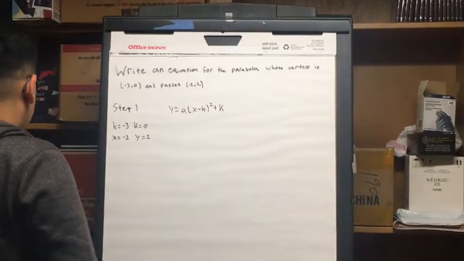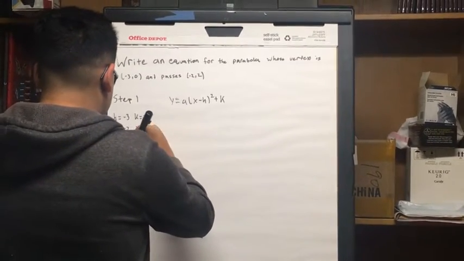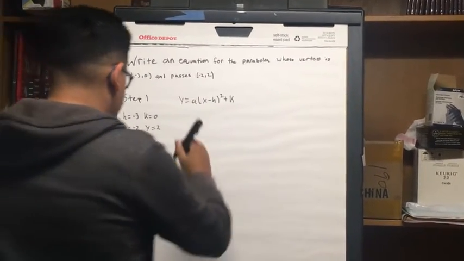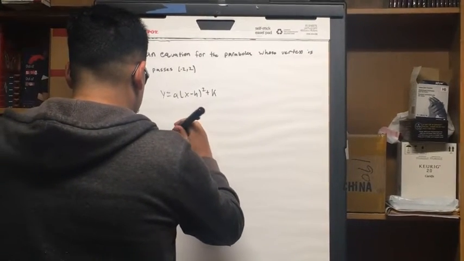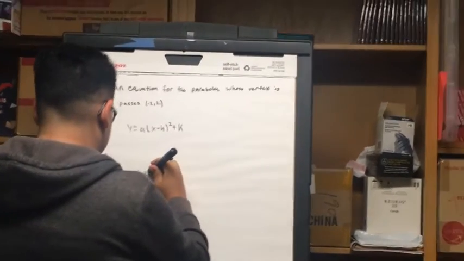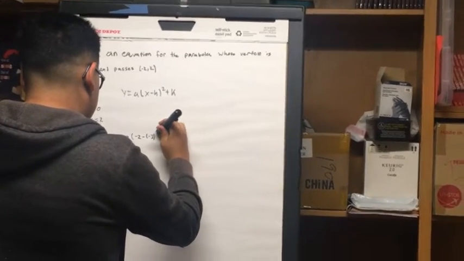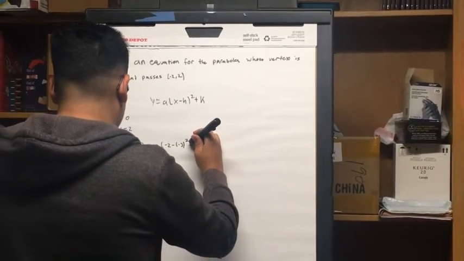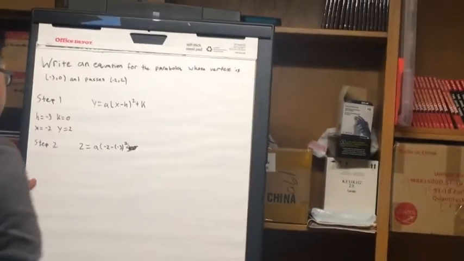So then now for your second step, you're going to try to plug it into the equation, this one right here. So y is going to be equal to 2. 2 equals a parentheses negative 2 minus negative 3 squared plus 0, or you can just leave that out since 0 doesn't matter.